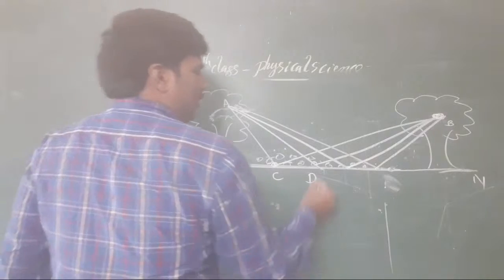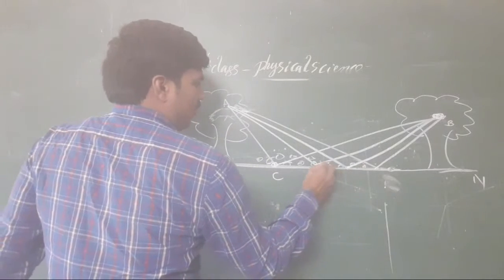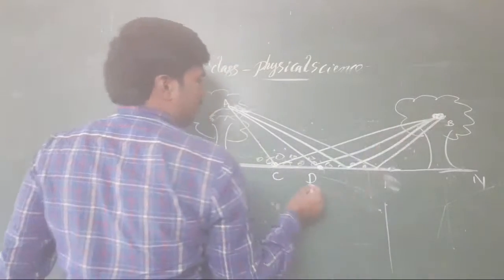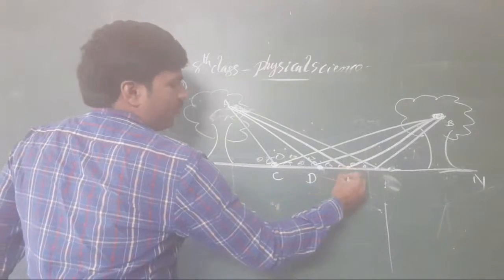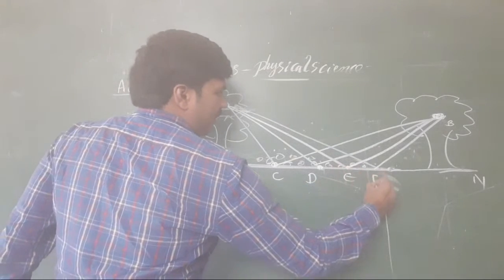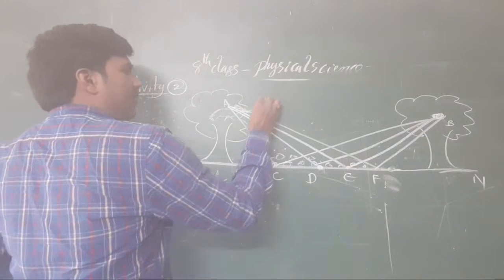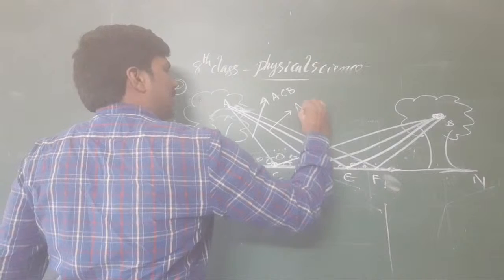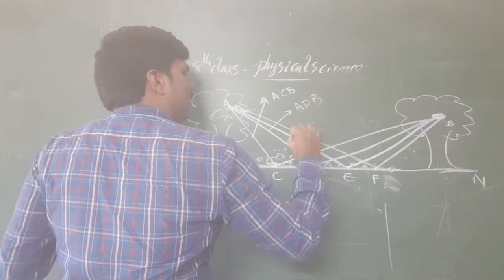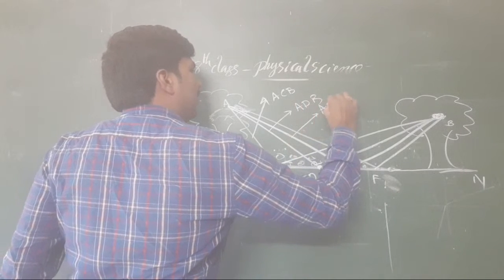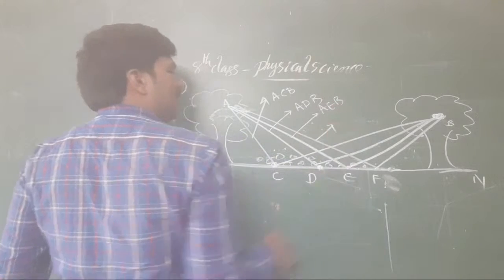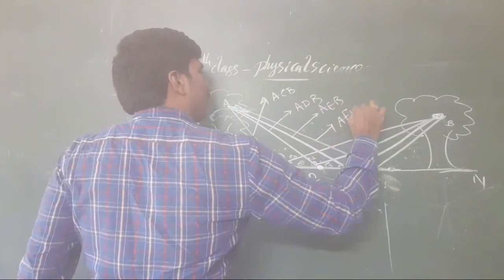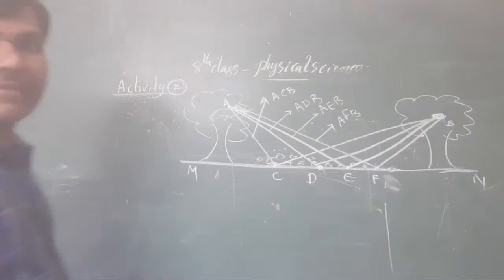This is the path A, D, B, and now there is one more path with points E and F. This path is the A, C, B path. This is the A, D, B path. This is the A, E, B path. This is the A, F, B path. There are different paths.